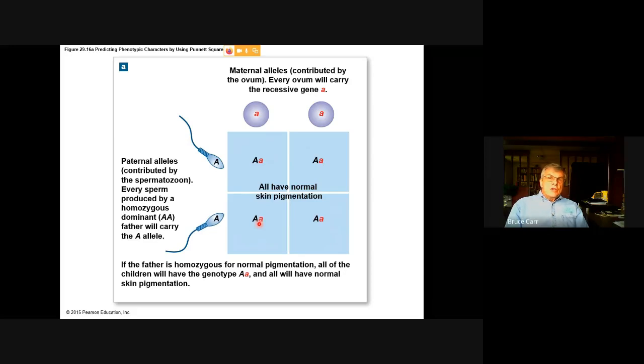So that is the circumstance where a normal pigmentation person, big A, little a, if they choose as their mate another person with normal skin pigment, but who happens to be big A, little a as well, then the possibility of a little a offspring arises, and two normally pigmented people can produce an albino child. That will only be true for the recessive trait. The dominant trait will not operate that way.